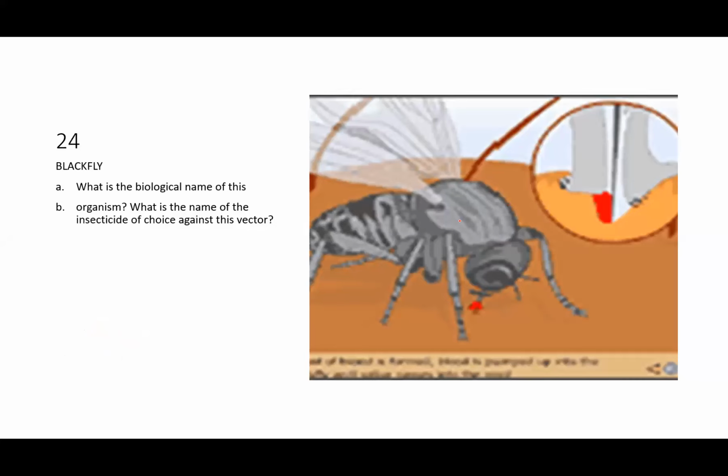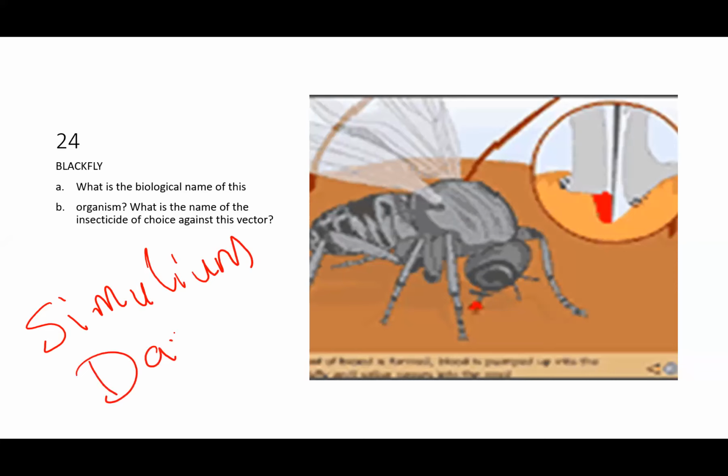Black fly. What is the biological name for the black fly? The biological name for the black fly is Simulium damnosum.